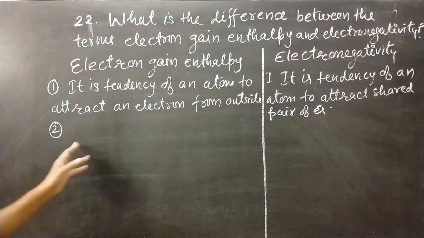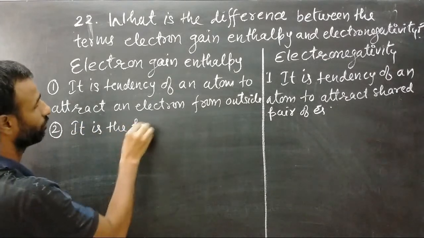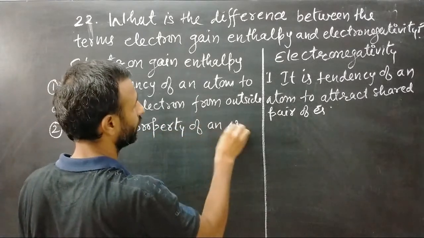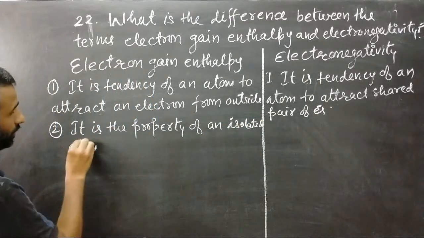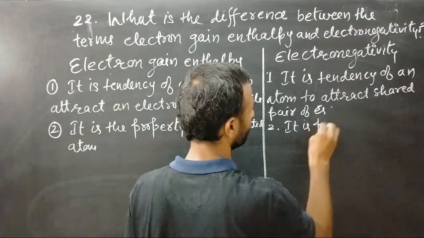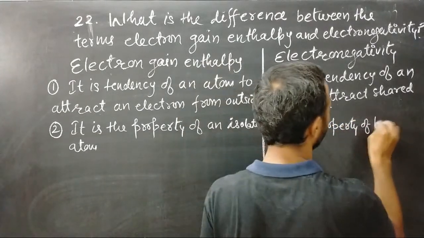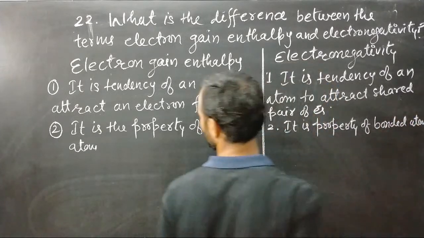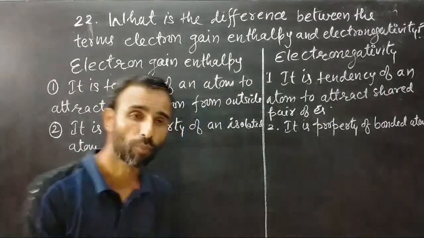Means one is the property of an isolated atom, but the other is the property of bonded atoms.